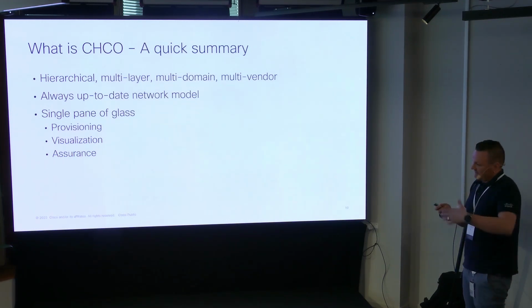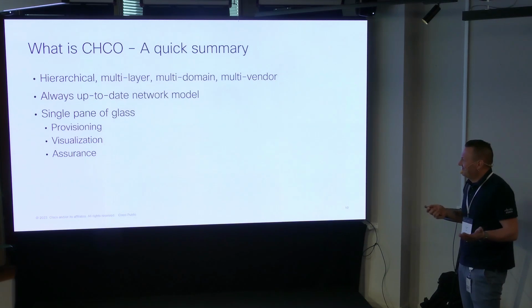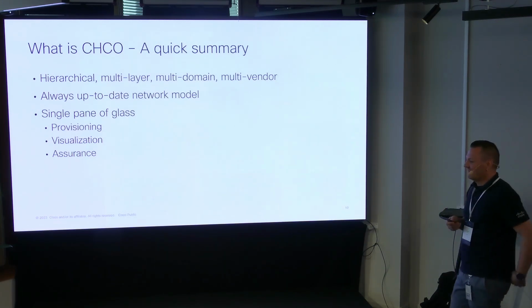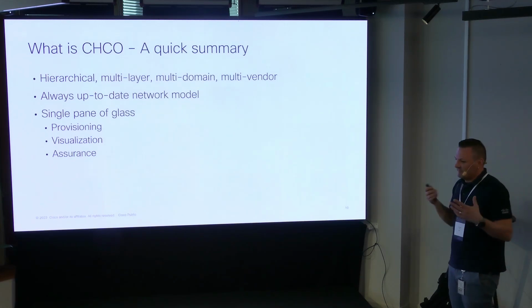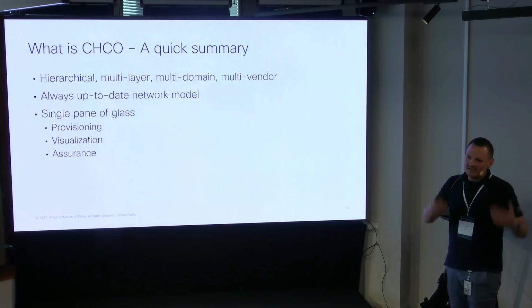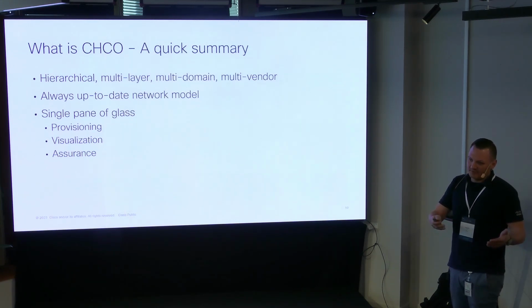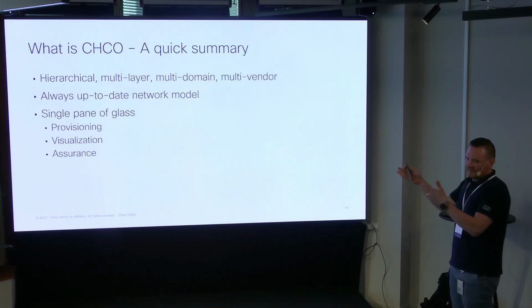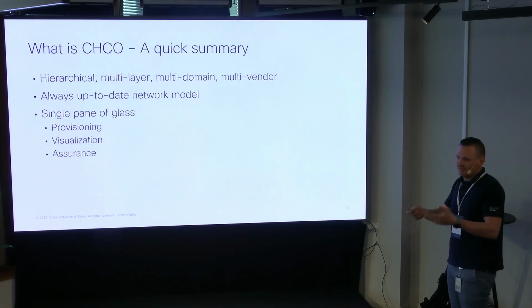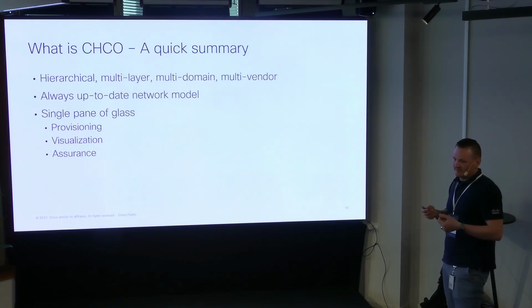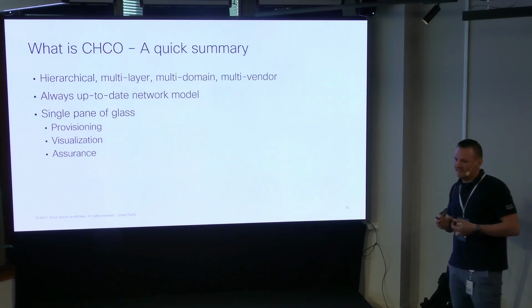That is basically the quick summary of what HCO is, right? It's a hierarchical, multi-layer, multi-domain, multi-vendor controller. It's keeping track. It's an always up-to-date network model. Because it's like NSO, it's the source of truth for what is in your network. It also ingests some things from NSO, because it can ingest state from CNC.